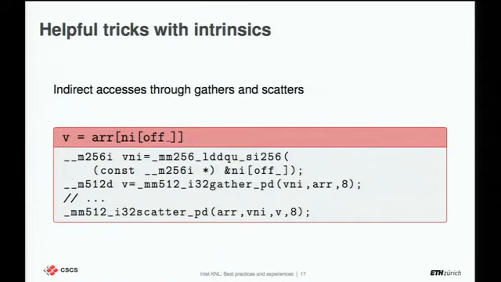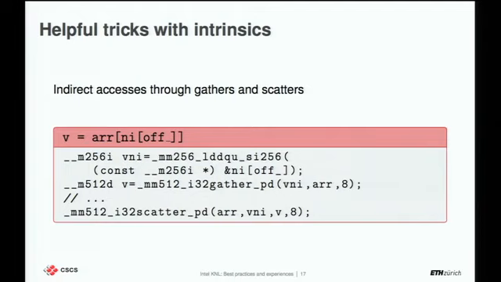Indirect accesses, at least for the KNL, are now easy to implement because you have scatter and gather. Usually you get the indices, which are integers, load them to a register, and then use that register to do a gather. Then you work on that, do whatever you like, and then you do a scatter. This pattern repeats itself a lot.